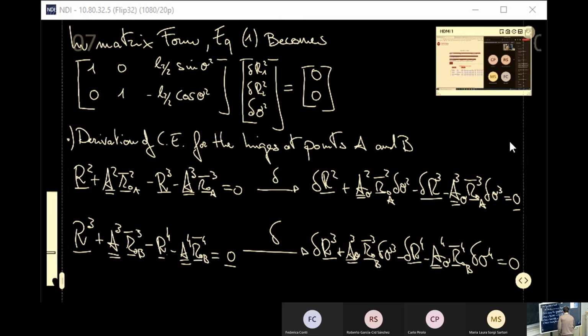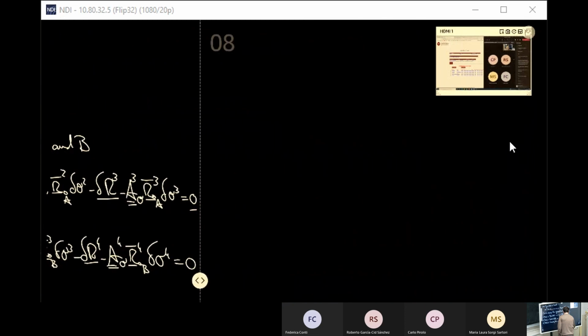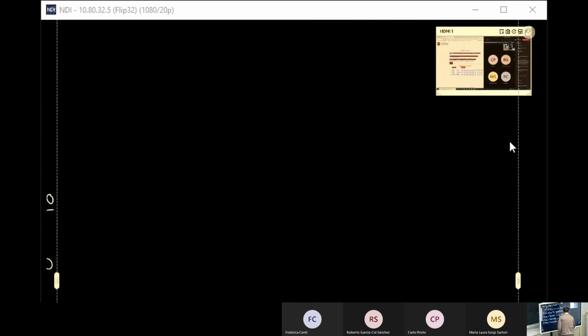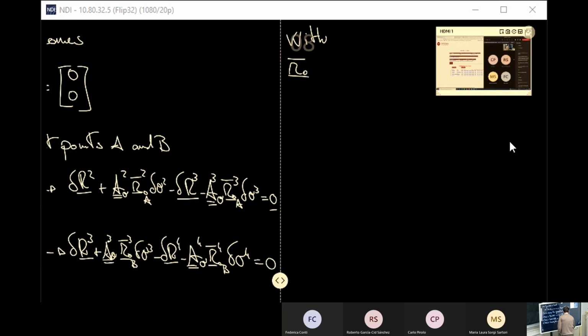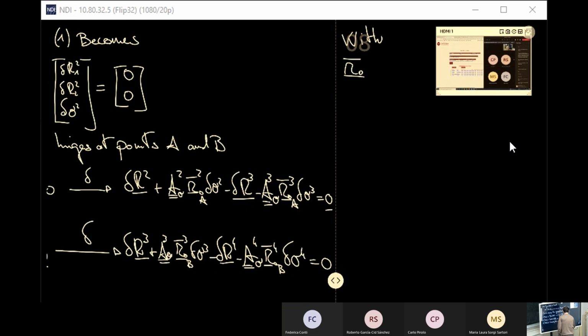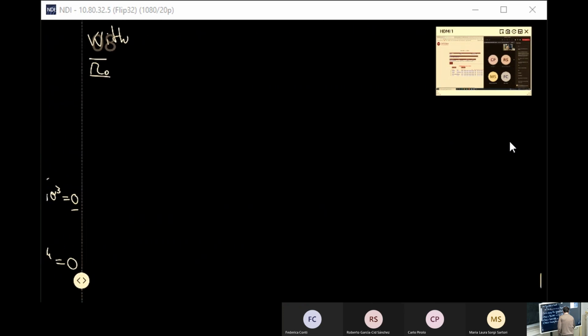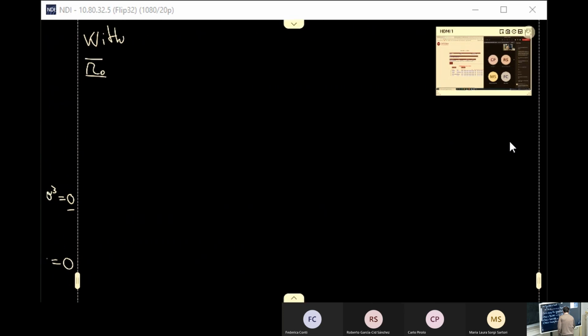Now we put it in matrix form as well. The only thing that changes here is this. So R0, we have R0 of point A and B with respect to 2 and 3. So R0 of point A with respect to 2 is, as we said, L2 divided by 2 and then 0.